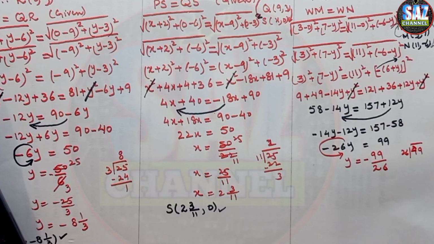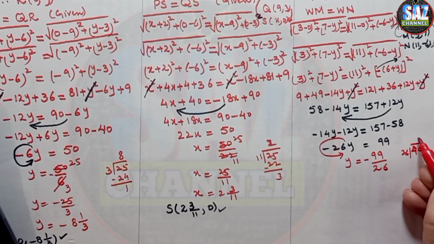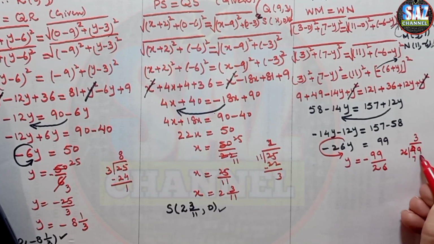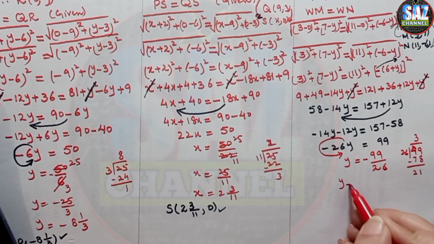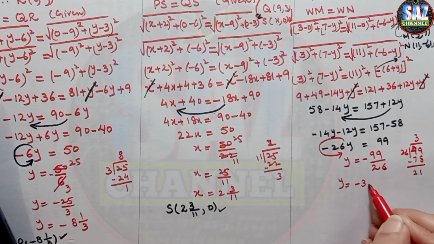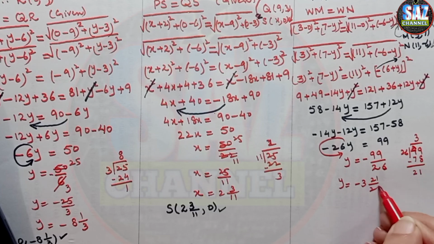Let me check: 26 multiplied by 4 is a big number, so 26 multiplied by 3 is 78. 99 minus 78 will give me 21. So y will take the value minus 3 whole 21 by 26.